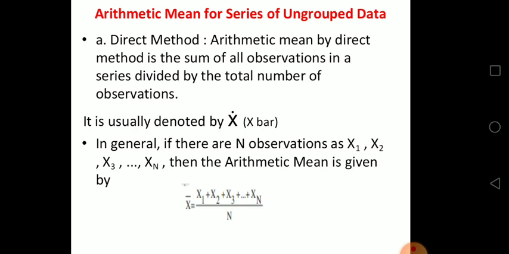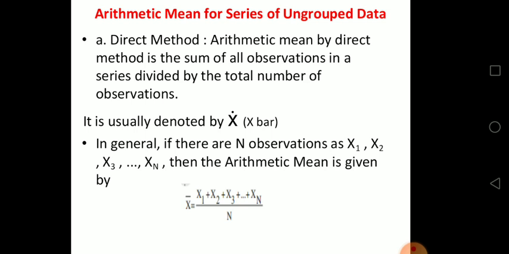Using the direct method, arithmetic mean is the sum of all observations in a series divided by the total number of observations.